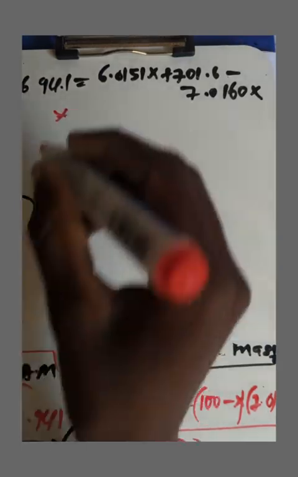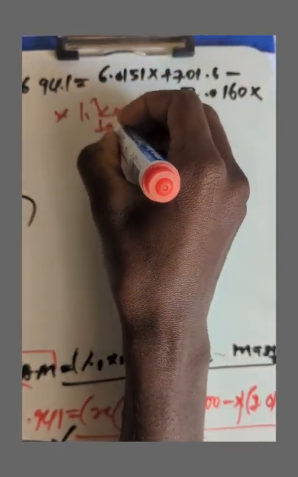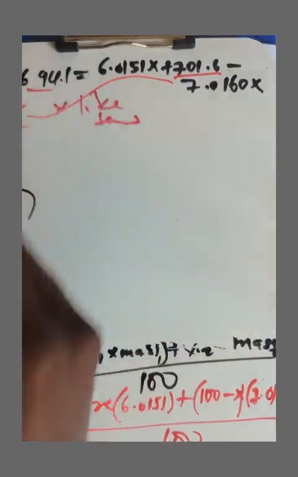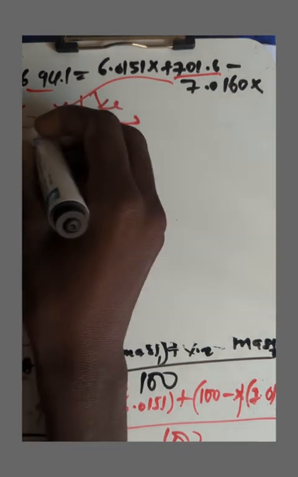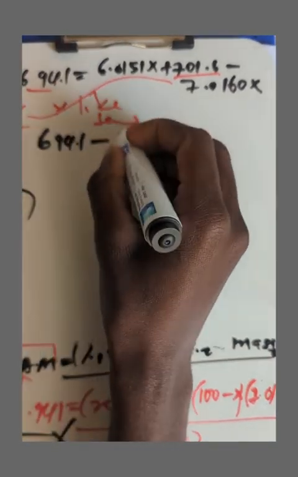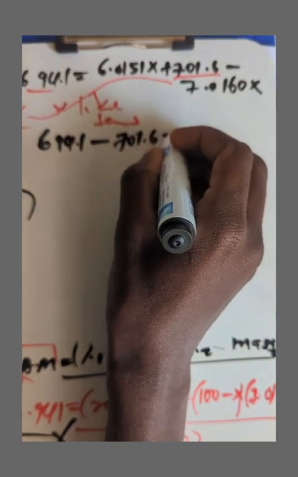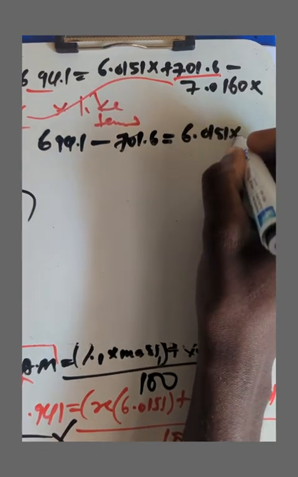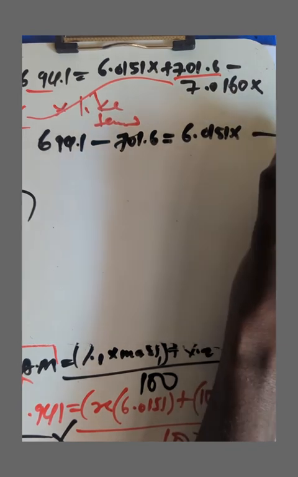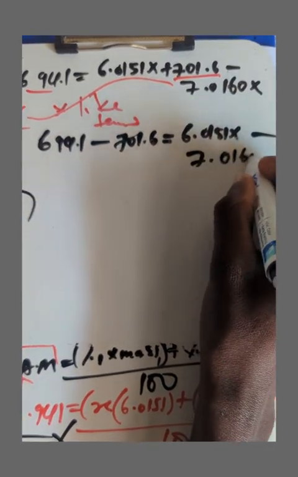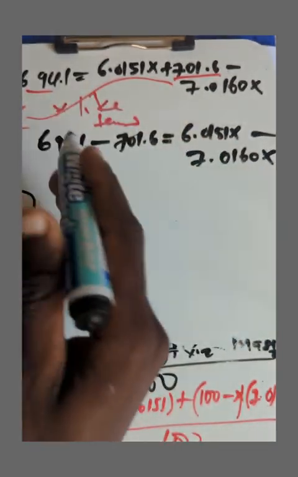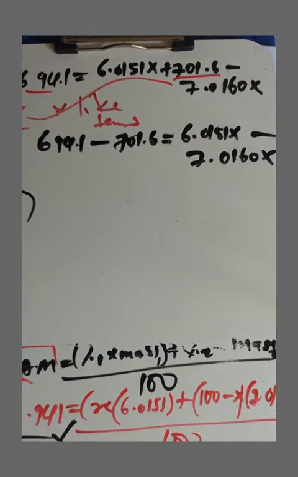So we get this and this on the left hand side: 694.1 minus 701.6 should be equal to 6.0151x minus 7.0160x.